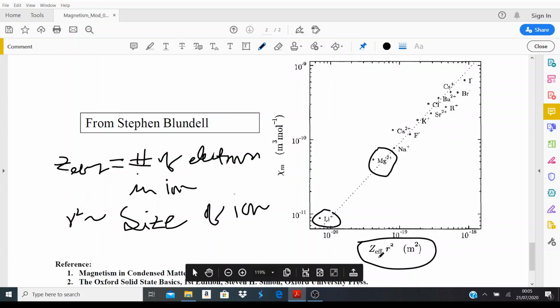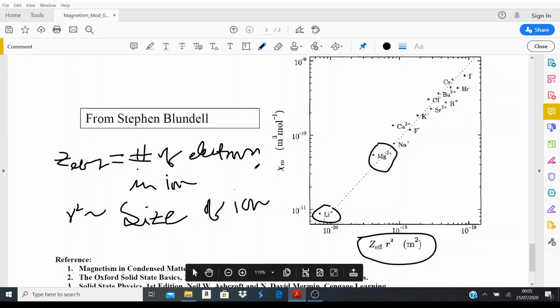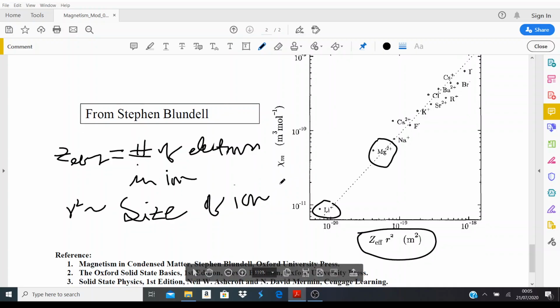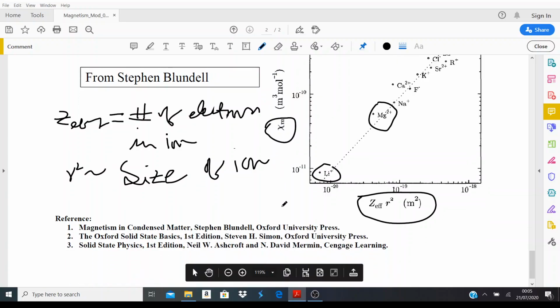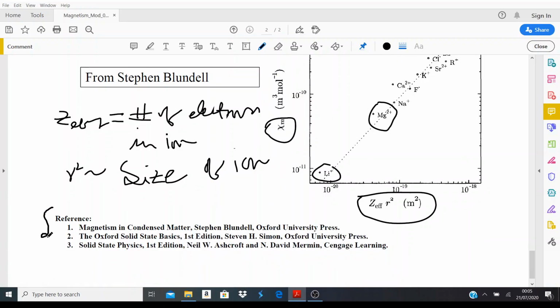So the number of electrons and the size of the ions scale with the susceptibility. And we will derive this equation, which will clearly tell us how this Z_eff R squared is related to the susceptibility.